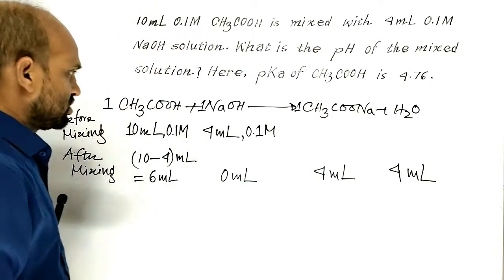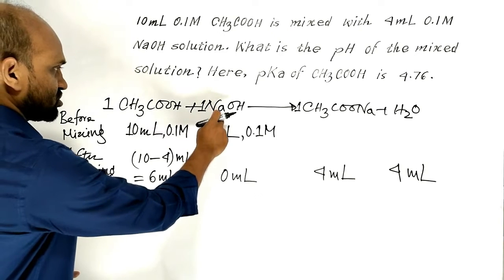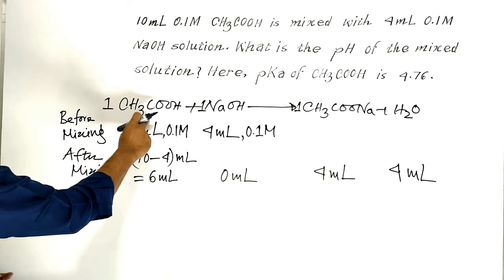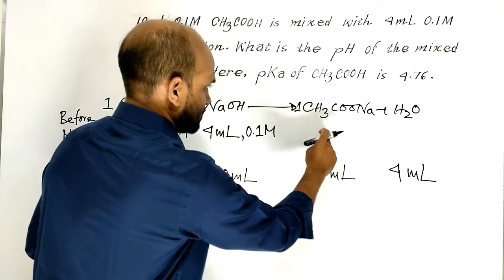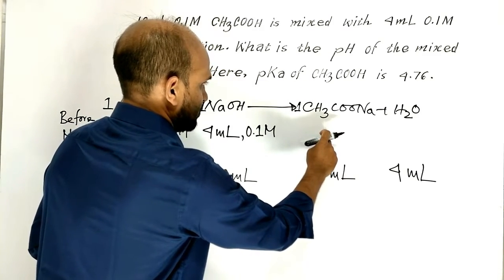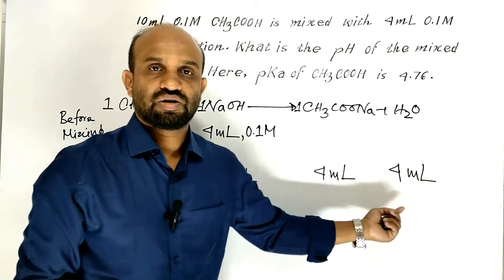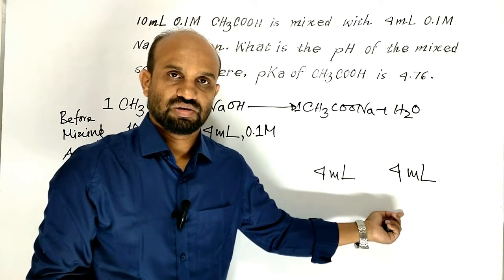Simply, 4 milliliter sodium hydroxide solution neutralizes 4 milliliter acetic acid, and after the reaction, 4 milliliter sodium acetate will be formed and 4 milliliter water.